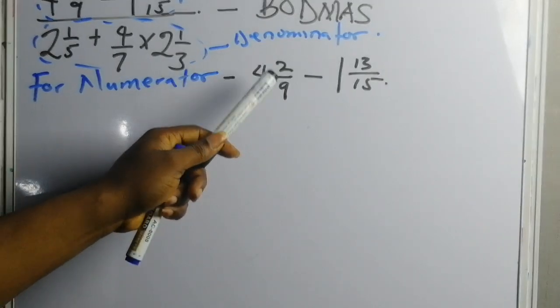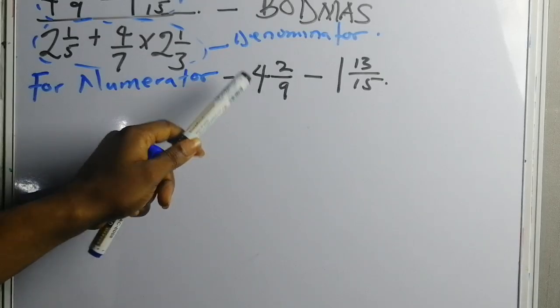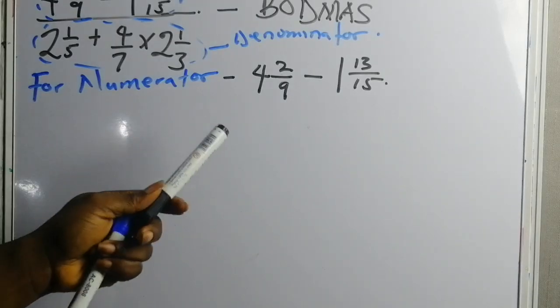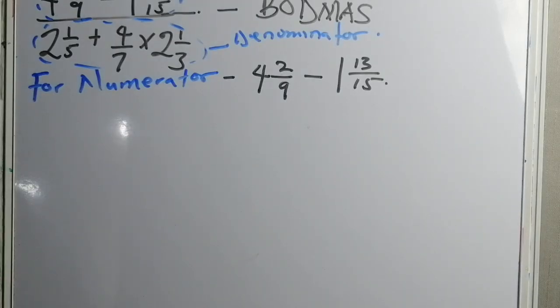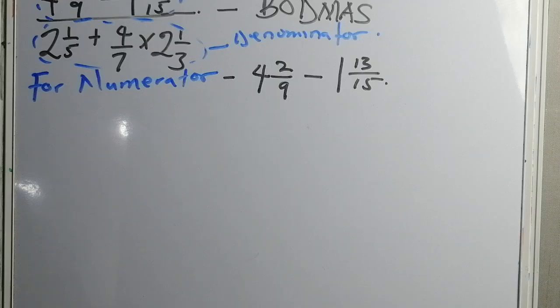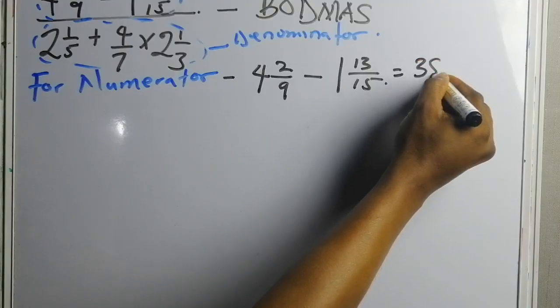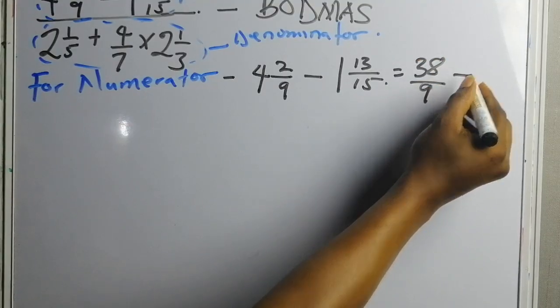This is a mixed fraction, so convert it to an improper fraction. 9 times 3 is 27. When you add another 9 to 27, you get 36. So 9 times 4 is 36. 36 plus 2 is 38 over 9.